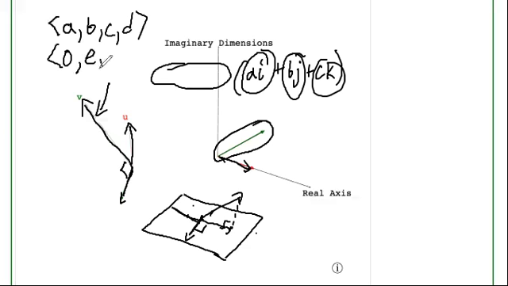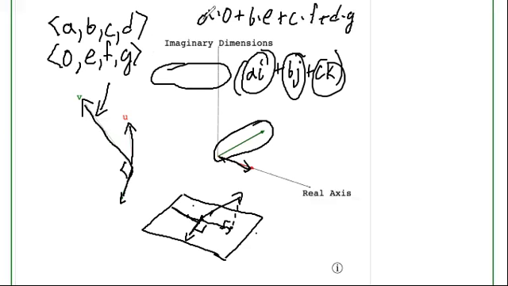Maybe you have an E, F, G here. Things are orthogonal when we multiply the different components downwards, like this times this plus that times that. So we can write that out: A times 0 plus B times E plus C times F plus D times G. Okay, in order for this to be orthogonal, this is 0.